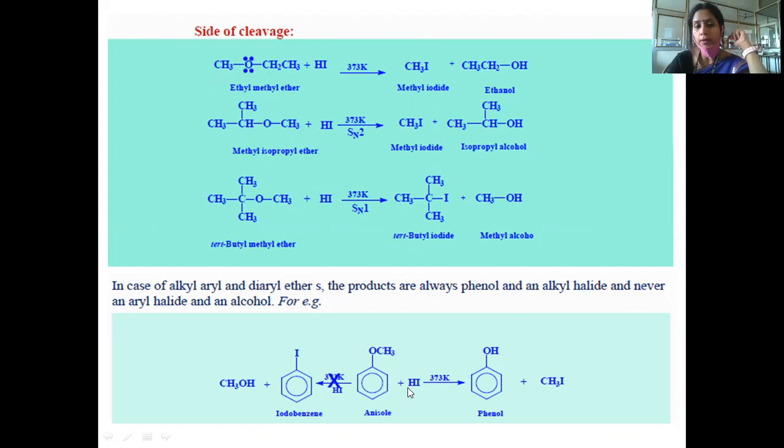Either CH3 can combine with iodine, so that a phenol is formed and CH3I is formed, which is usually the reaction, or the reverse could happen, that an aryl iodide gets formed and methanol is formed. But this reaction doesn't happen. It has been found that it is always not the aryl iodide but the phenol which is formed.